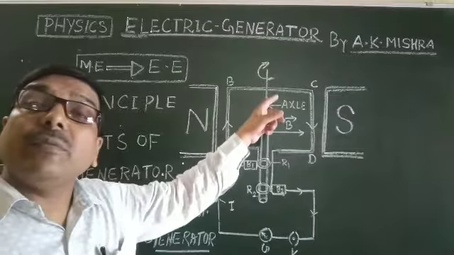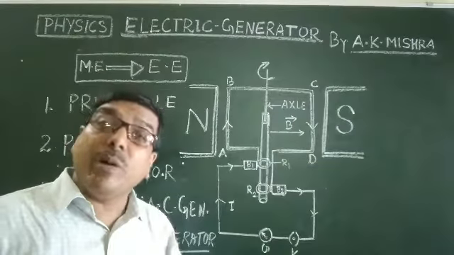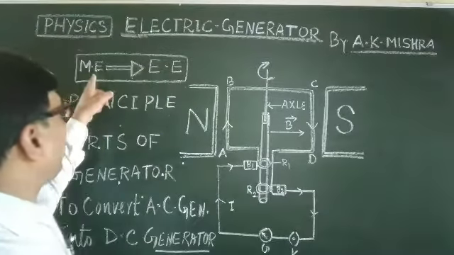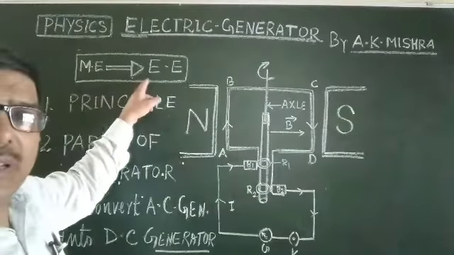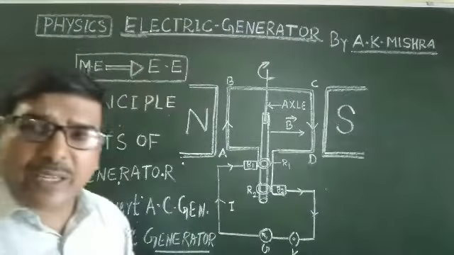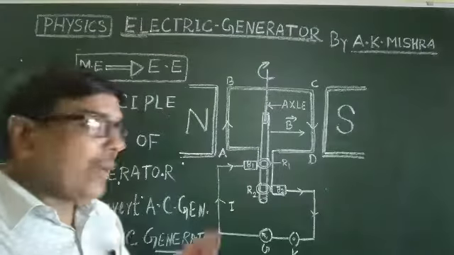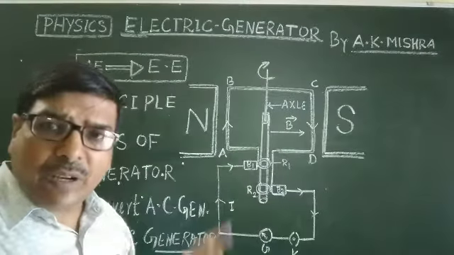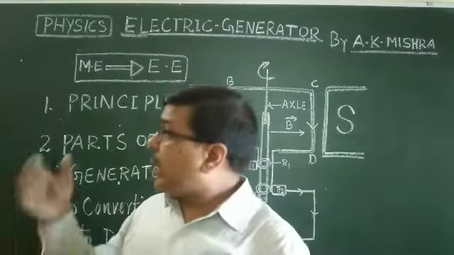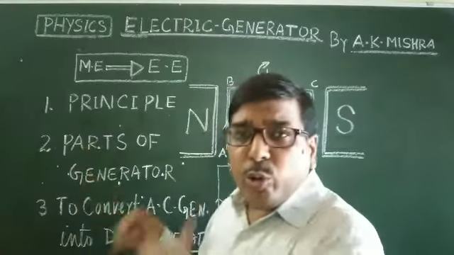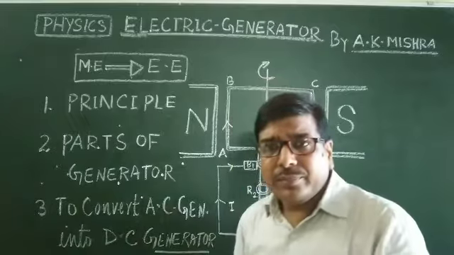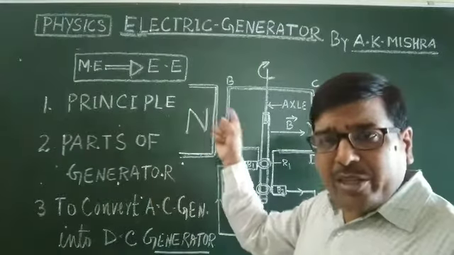An electric generator is a device, a machine which converts mechanical energy into electrical energy. Here, mechanical energy is used to rotate a rectangular coil or any coil placed in a magnetic field.